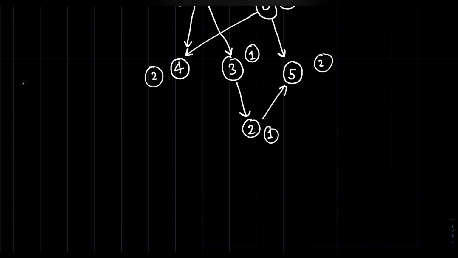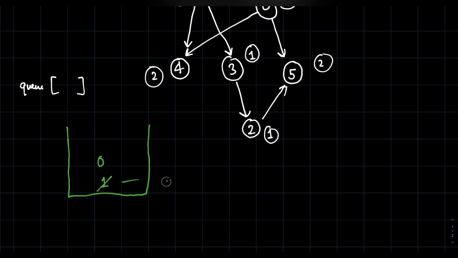Firstly, we'll use a queue to store all the nodes that have incoming nodes as 0. Let's say a container here. Firstly, I took 1 and 0, because they have 0 incoming nodes. So let's take out 1, and for 1 we have 2 children, that is 4 and 3.